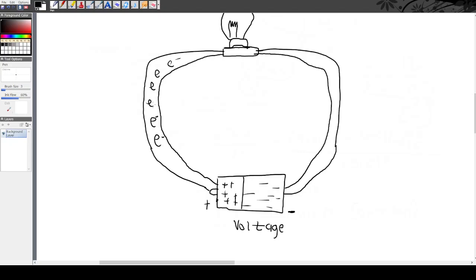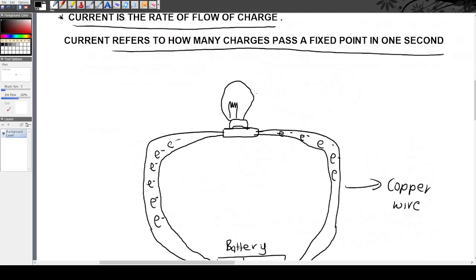That's why I'm saying if you're watching this video, it means you've already watched the previous videos. So here are the electrons inside a copper wire. And this one is a battery, and the one above is the light bulb.